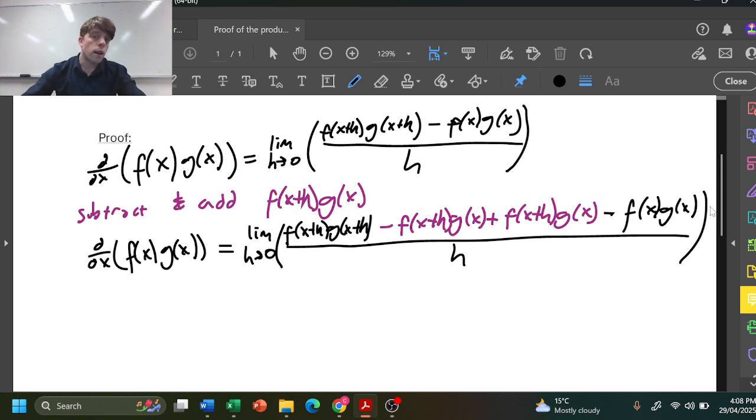Okay. So the reason that we have done this is because now that we have this massive fraction here, we can now split this fraction and write it as two different limits. So this is going to be equal to the limit as h goes to 0 of this first half of the fraction.